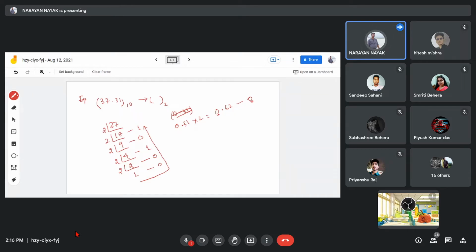This digit you have to record. Similarly, 0.62 into 2, so you got 1.24. The recorded digit is 1. Then 0.24 into 2, then 0.48.